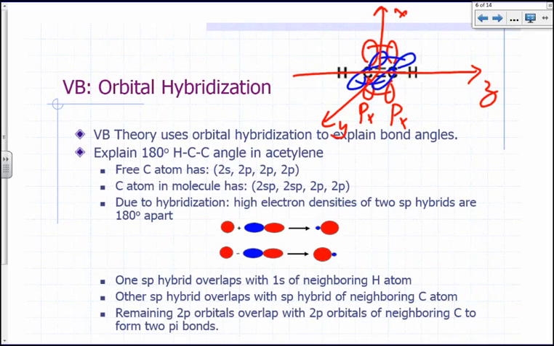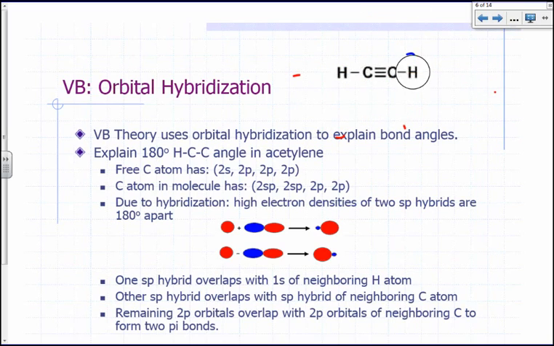All right, so now let's explain the sigma bonds. Why are those sigma bonds 180 degrees apart? The way you explain it is this. Think about the carbon atom. A free carbon atom, we said, has in its valence shell a 2s and a 2p subshell, so 1s2, 2s2, 2p2.